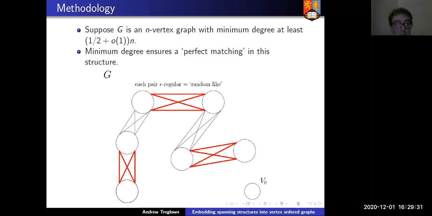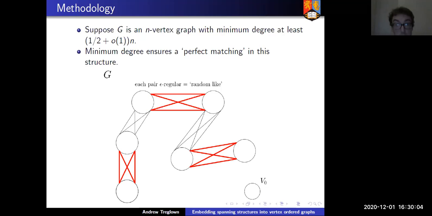In this case we had 6 clusters, and because we had large minimum degree at the start, we can pair off each cluster to obtain a perfect matching-like structure. Here's an epsilon-regular pair, here's another, and another; we've paired them all off. Of course, in general you haven't got 6 classes, you've got a billion or something, but you pair each of them off, so you've got disjoint epsilon-regular pairs. That's the really standard thing to do when using the regularity lemma.